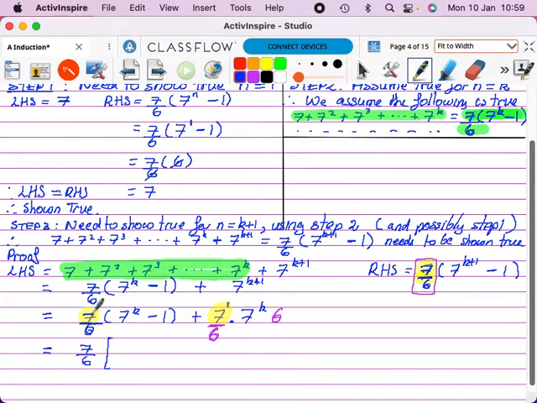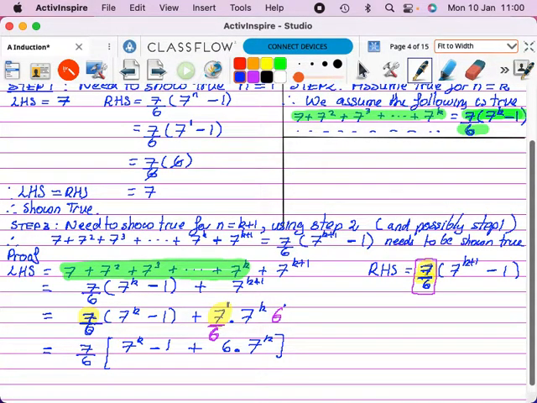If I take out the 7 over 6, what am I left behind? In the first instance it is 7 to the power of k minus 1. What am I left with over here? I'm left with a plus 6 lots of 7 to the k. I've just moved that 6 to the front of the 7 to the k.